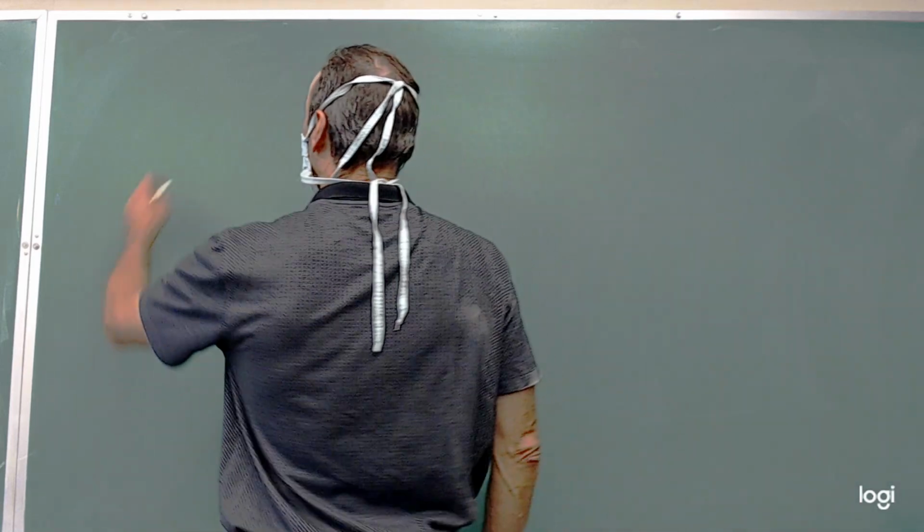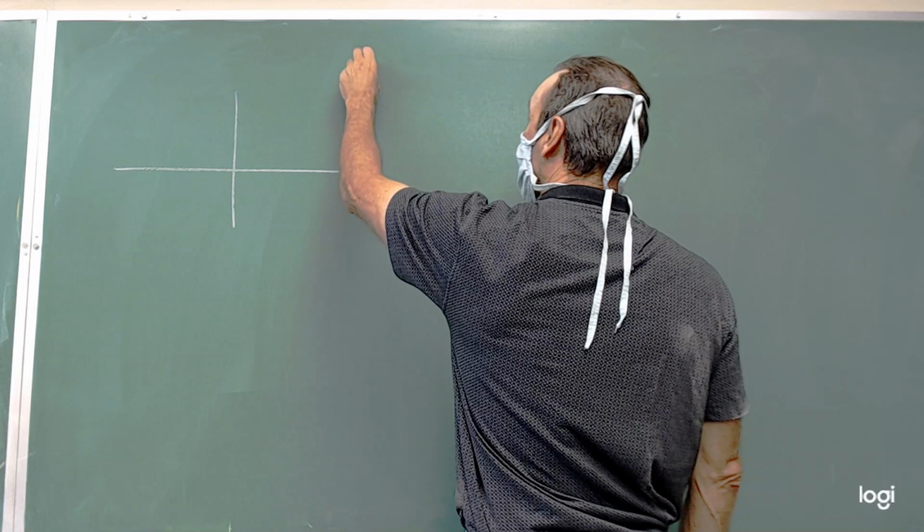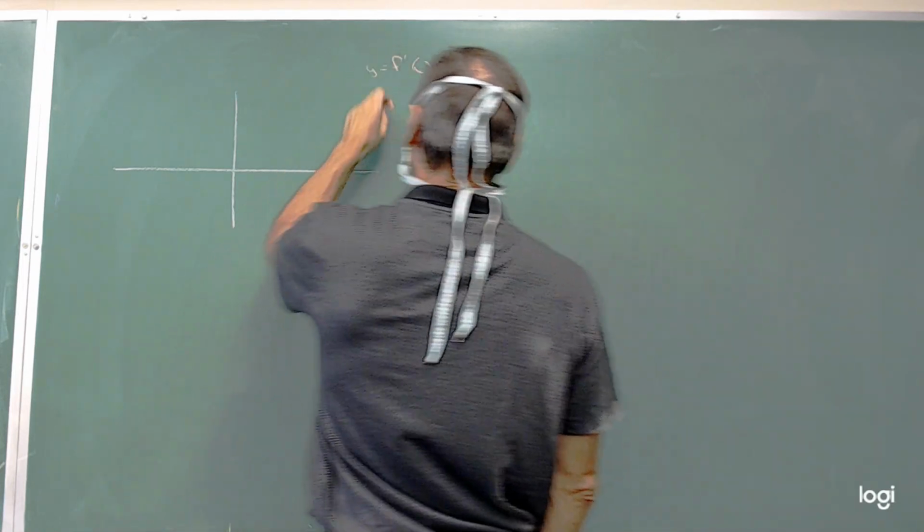So this is going to be f prime, and we're going to get f from it. This is a graph of f prime, and we're going to say f is continuous.